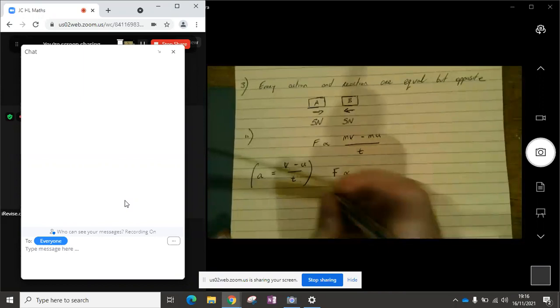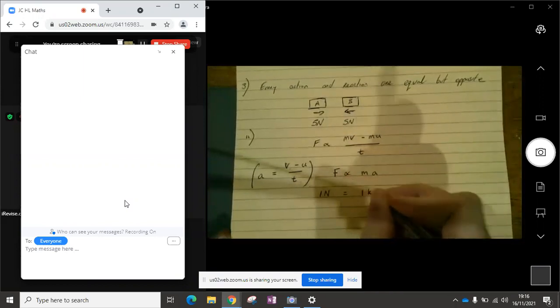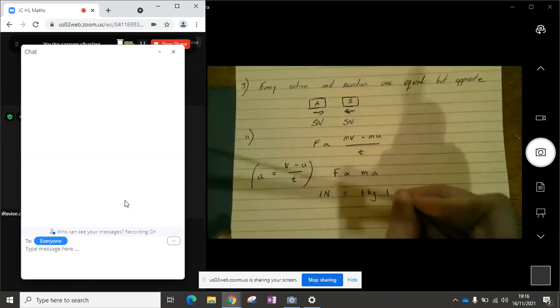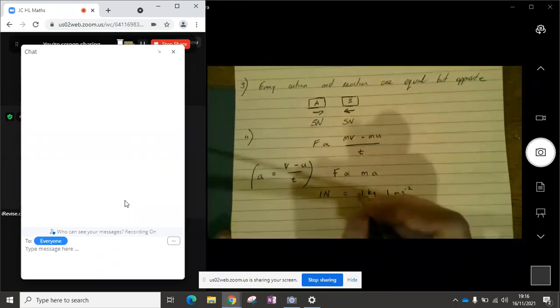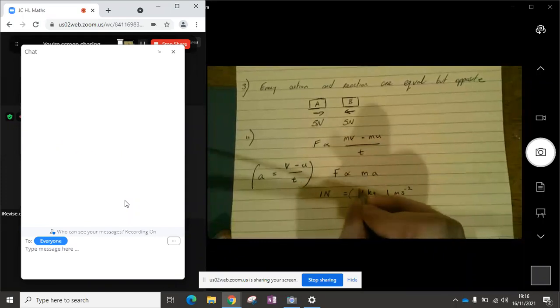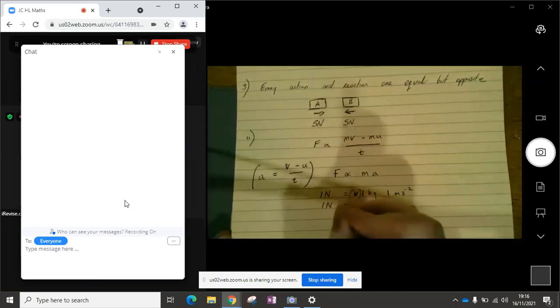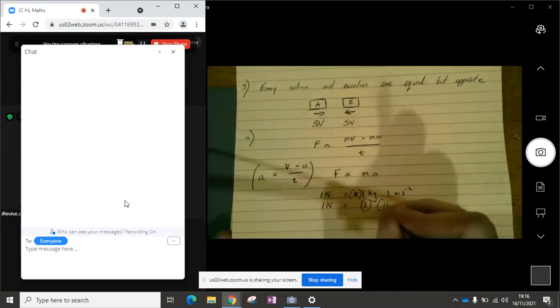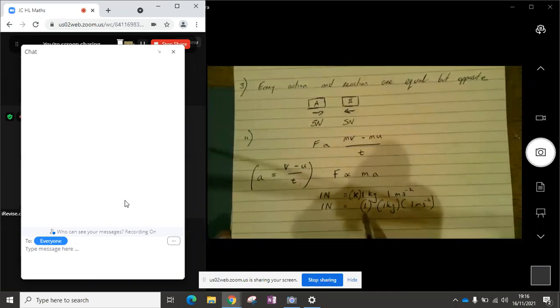How we do this is we say 1 Newton is equal to 1 kg times 1 meter per second squared. So we can introduce a constant k, and as long as that k is 1, we should get 1 Newton here. If we make that constant 1, we don't have to think about it.